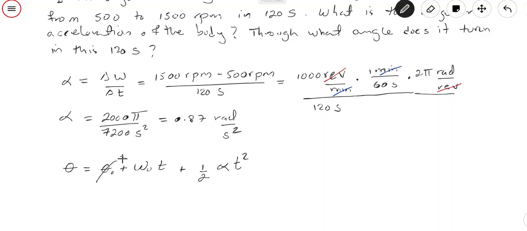I will take this initial angle equal to 0. So now I have my 500 revolutions per minute, which is my initial angular velocity.